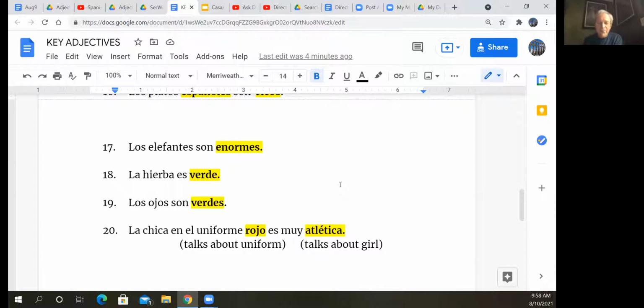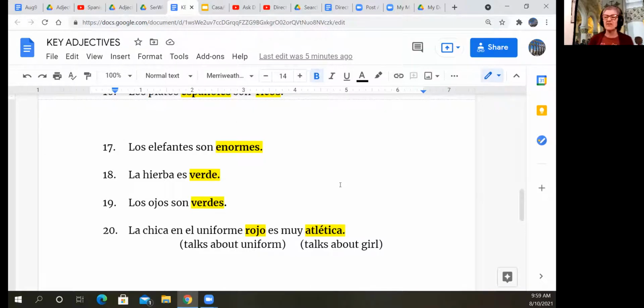Verde doesn't end in O. So it's verde whether it's masculine, it's verde whether it's feminine, doesn't matter. If an adjective does not end in O, it keeps the same form for a masculine form and a feminine form. They share the exact same word. You just make it plural.